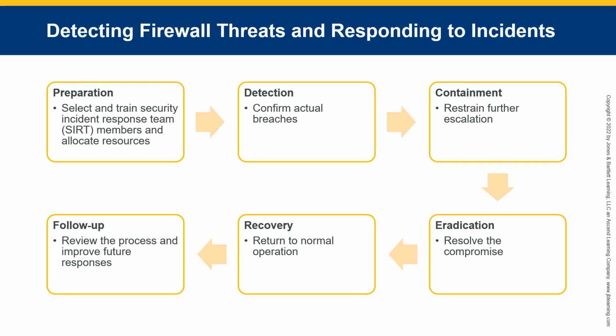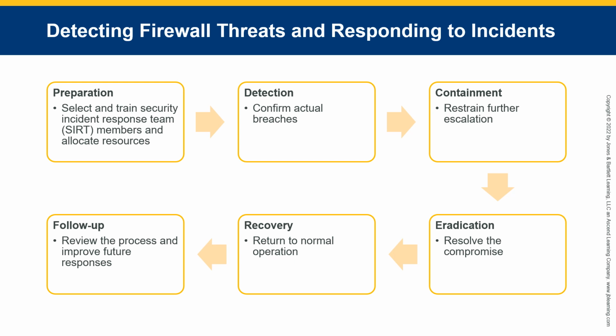Then you eradicate the problem and resolve the compromise by kicking the hacker out and blocking that hacker. If it's a virus, you look to take those systems offline and quarantine them.